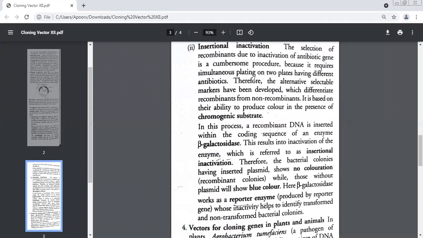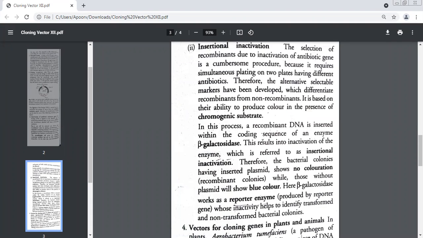Now understand what we do in this. If we don't want to go for this system, we can do this. A recombinant DNA is inserted within the coding sequence of an enzyme, beta-galactosidase. You remember this enzyme I had talked about yesterday? Yes, ma'am. So we introduce the lacZ gene, and which enzyme is already being produced? Beta-galactosidase.